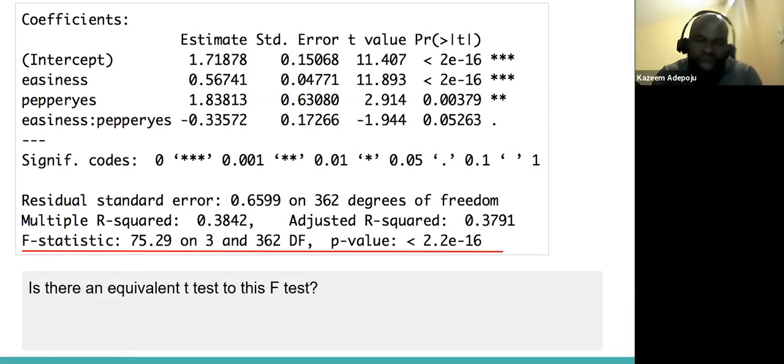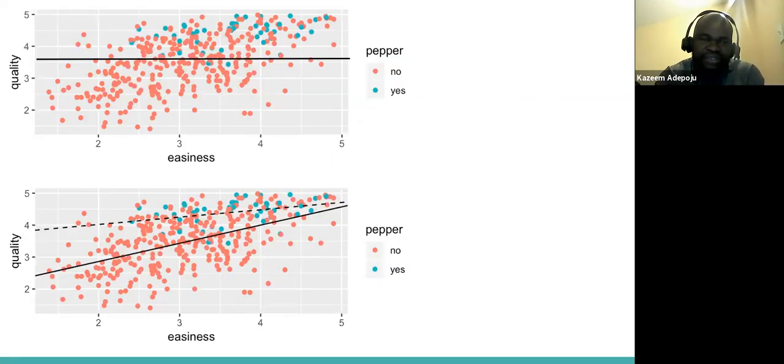But now that we have an interaction model, is there an equivalent t-test to this F-test? So that is what we want to answer right now. But before we go to answer that, I need to walk you through a diagrammatical explanation of that.